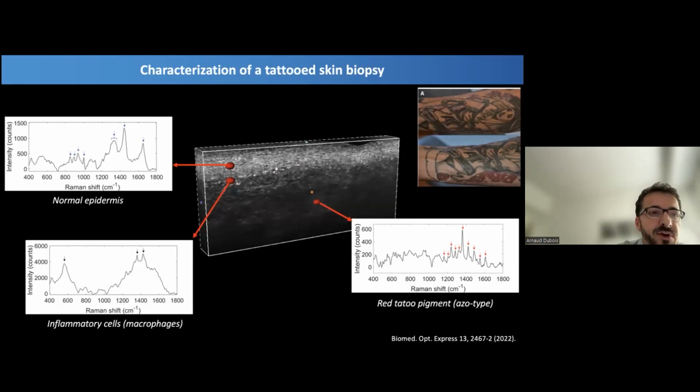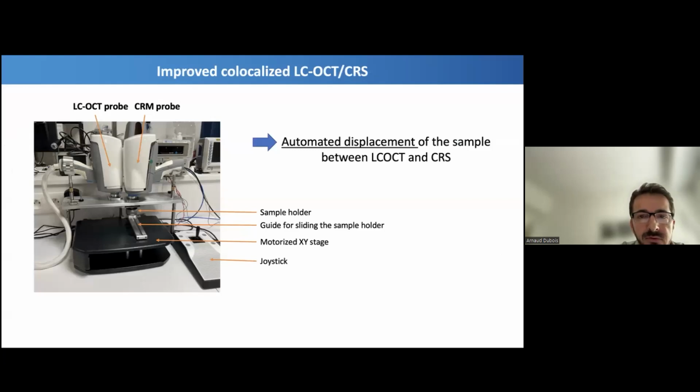The technique also provided information on the tattoo reaction. The presence of inflammatory cells, macrophages, was revealed by Raman spectroscopy, invisible with LC-OCT. We have recently built a new system where the sample can be automatically moved between the LC-OCT device and the Raman probe, which will facilitate experiments.